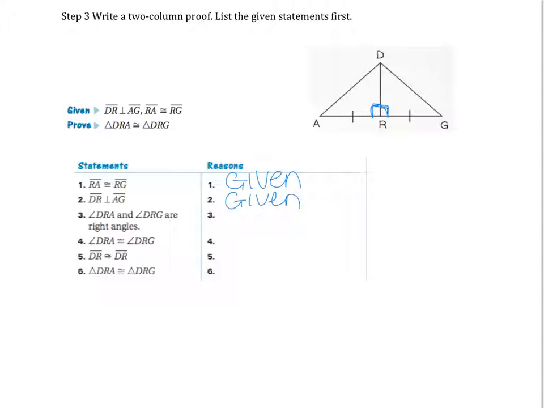Well, if two lines are perpendicular, they form right angles. So this is the definition of perpendicular lines. DRA is congruent to DRG, and they're right angles. All right angles are congruent.